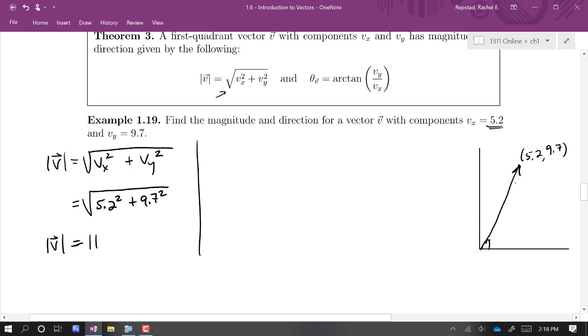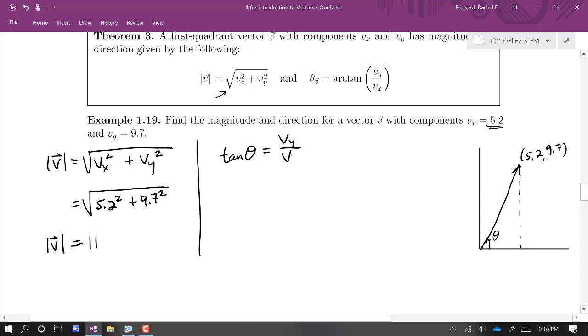Now the y is a lot bigger. I'm going to expect that this angle will be bigger than 45 degrees. At 45 degrees, the x and the y components would be equal. But the y component is bigger, which I think is going to force the measure of the angle to be higher than 45 degrees.